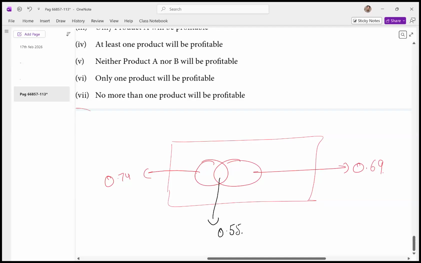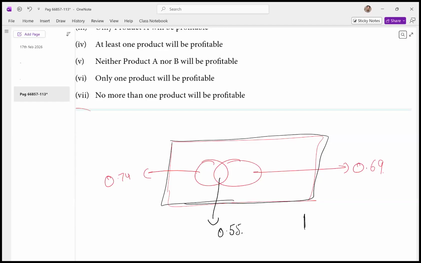And if I were to do the math on these together, let's see what the remaining section will be equal to. Because the total probability I told you should be 1, this whole section should come out to be 1. So 1 minus this section.